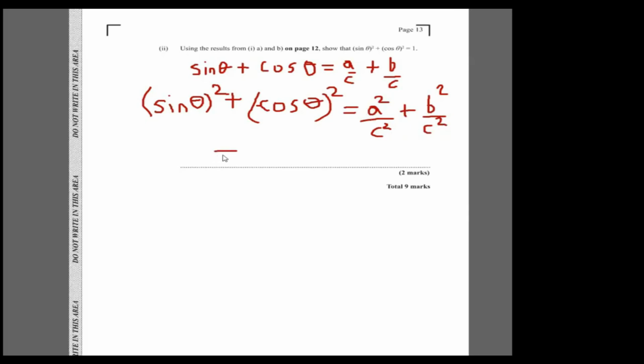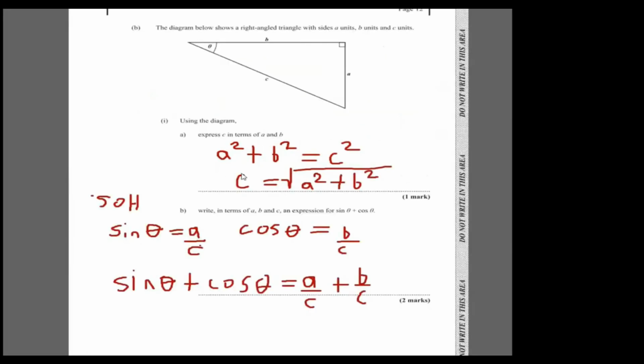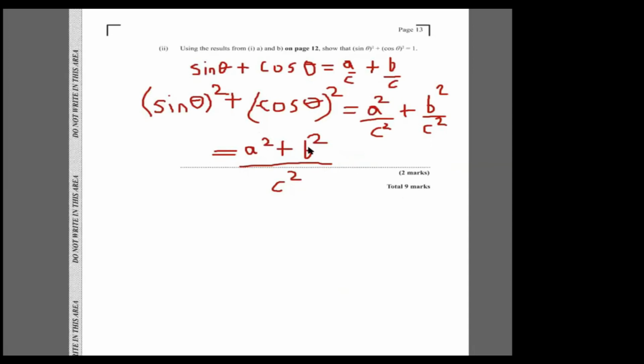Now we can write this as one fraction: A square plus B square, all being divided by C square. But guys, look. From part A, we said that C square is A square plus B square. And so A square plus B square in the numerator is C square.